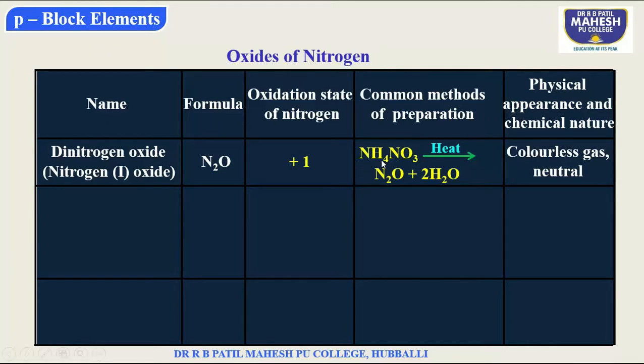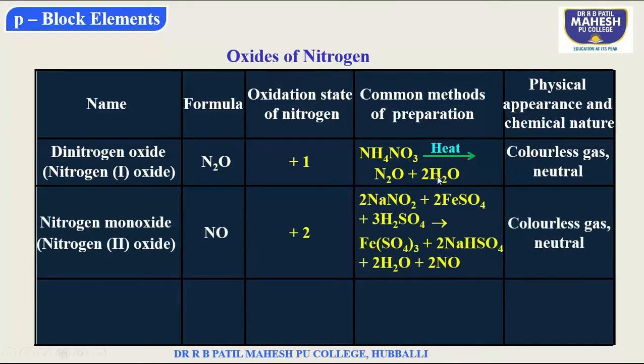When ammonium nitrate is heated, it decomposes to form nitrous oxide, also called laughing gas or dinitrogen oxide. This dinitrogen oxide is a colorless gas and neutral. Remember, as the oxidation state of nitrogen in its oxide increases, its acidic nature also increases.